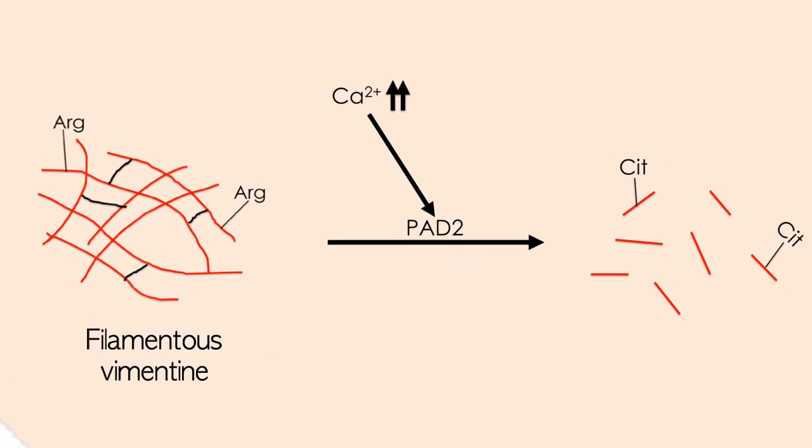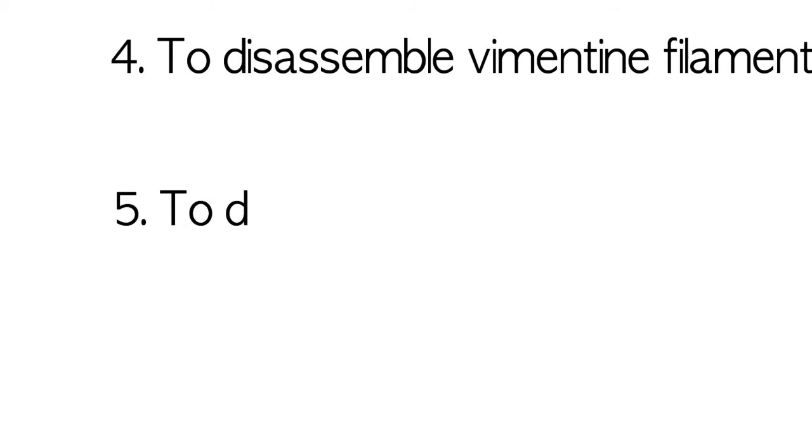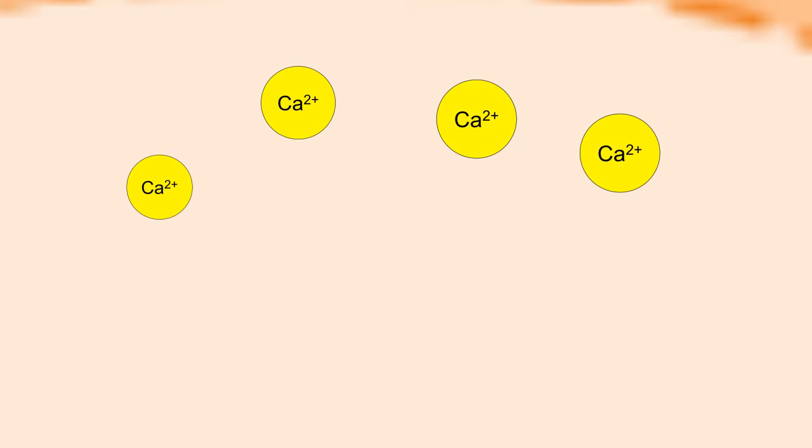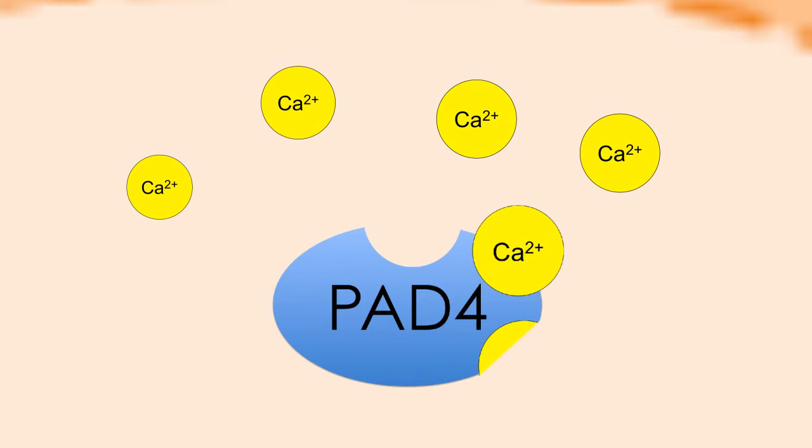The last apoptosis-related role of citrullination is to disassemble the nucleosome. During apoptosis, the high intranuclear calcium ion concentration allows PAD4 to attain its maximal activity.